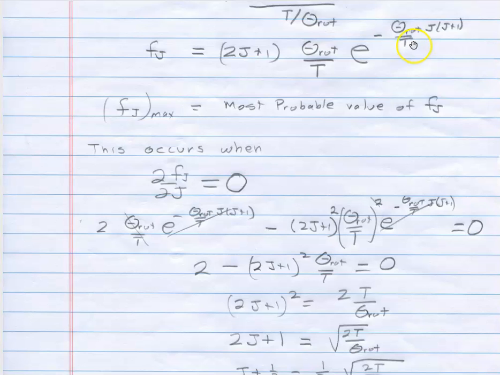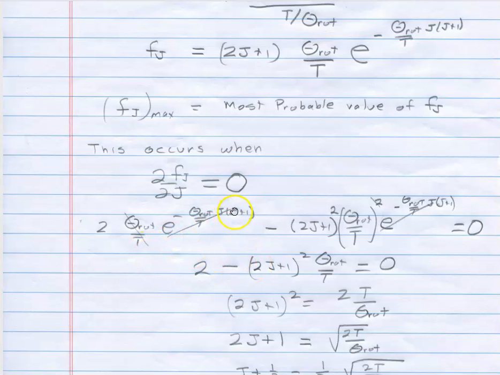And then when I differentiate this argument, J squared plus J, I'll pick up another factor of 2J plus 1, so that term here then becomes squared. So just take the derivative with respect to J of this expression, and I think you'll find that you get this. I set that equal to 0 to find the J value where the maximum occurs.